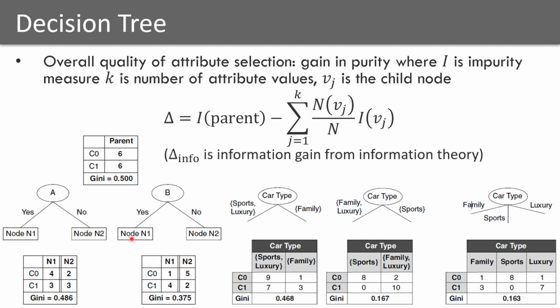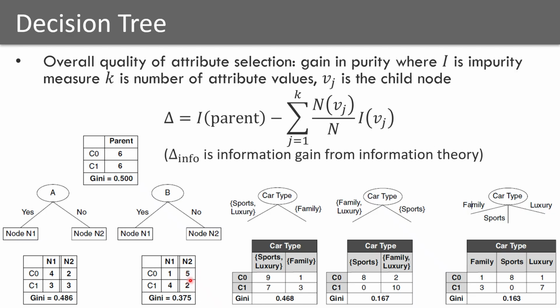So in case of splitting here, we will find out that the impurity has been reduced more significantly because we have only one element of class 0 and 4 elements of class 1 in one group, and then 5 elements of class 0 and 2 elements of class 1.